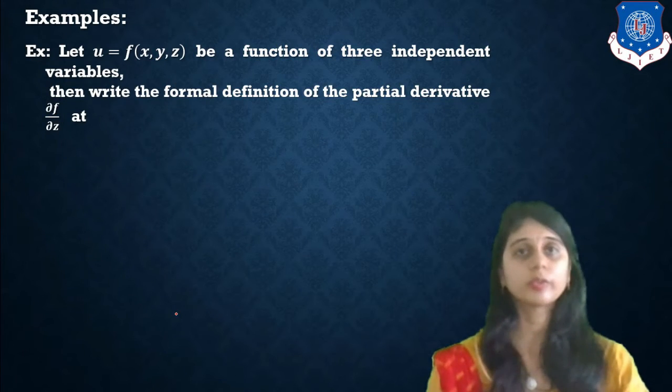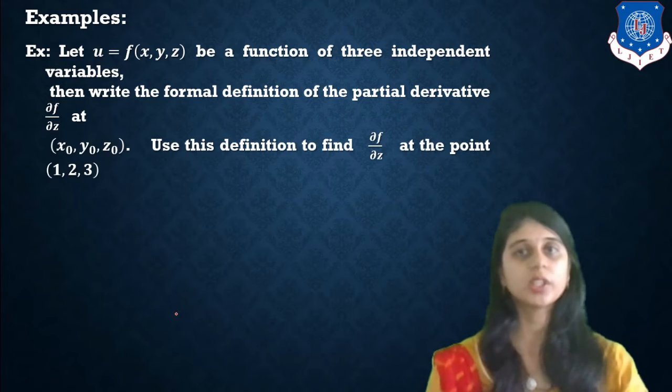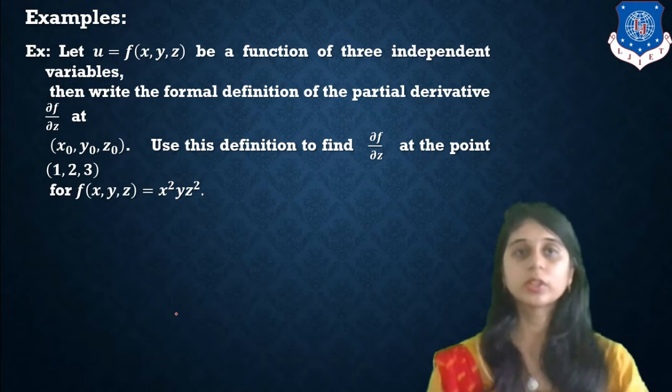Let u equal to f of x y z be a function of 3 independent variables. Then write the formal definition of the partial derivative del f by del z at (x0, y0, z0). Use the definition to find del f by del z at the point (1, 2, 3) for the function x square y z square.